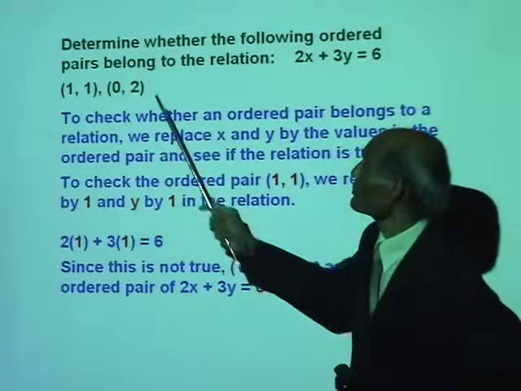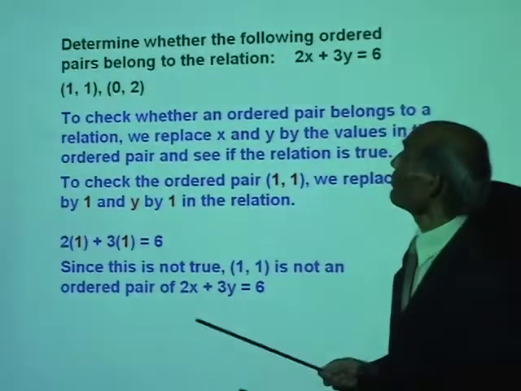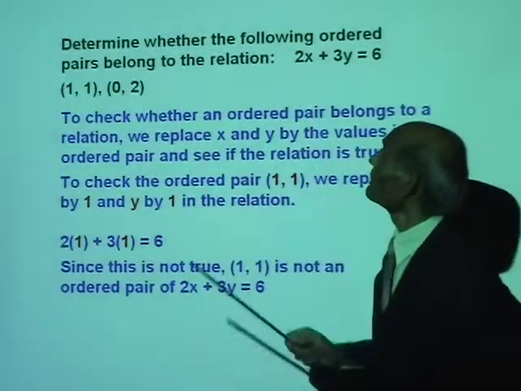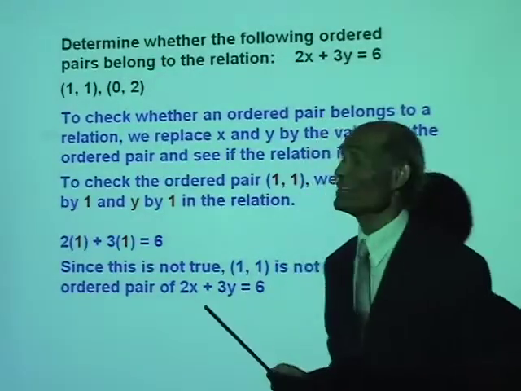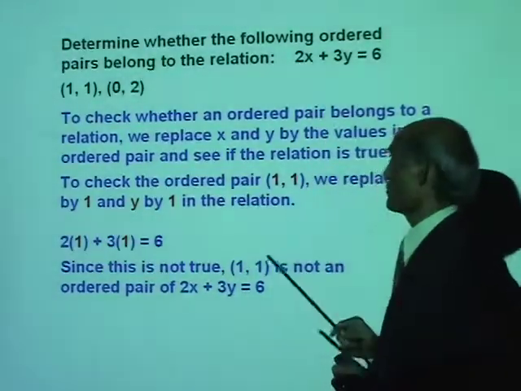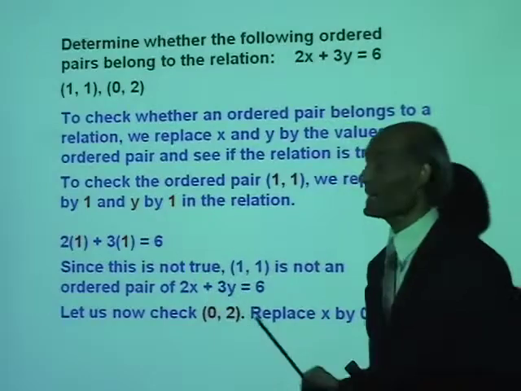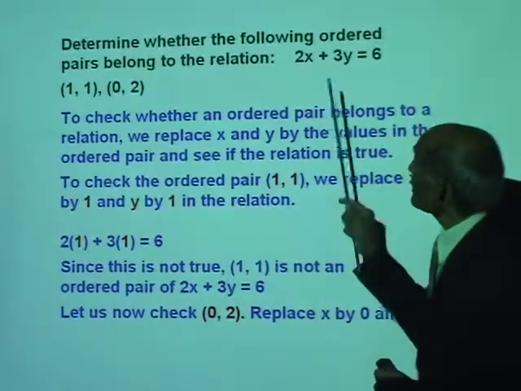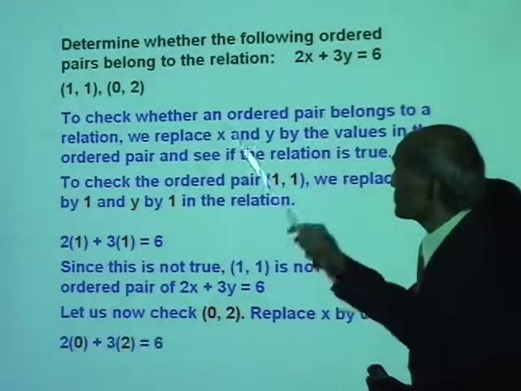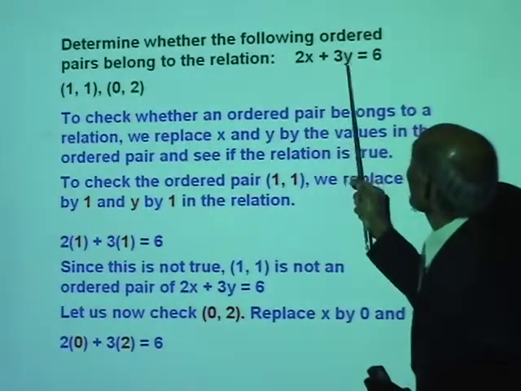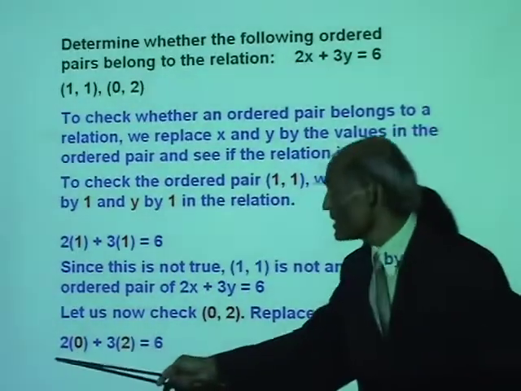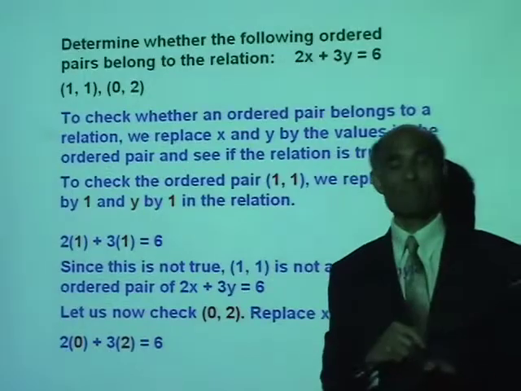Okay, let's try this. (0, 2). When x equal to 0, the value of y is 2. Is that true for this? Alright, let's check that. How do we check it? Replace your x by 0 and your y by 2. Is this a true relation?